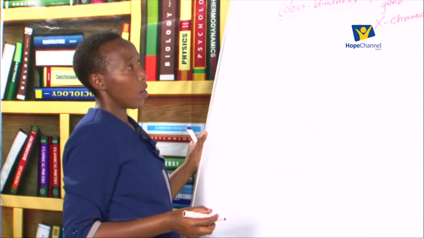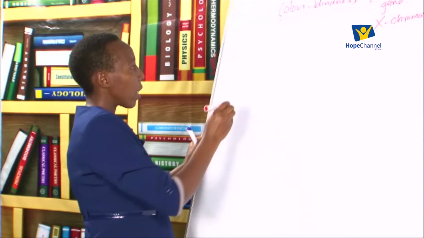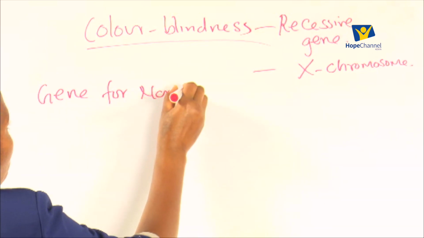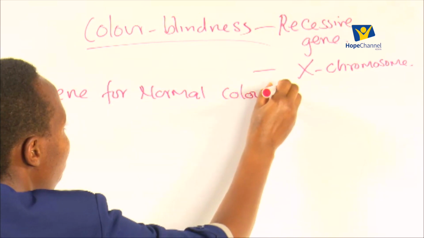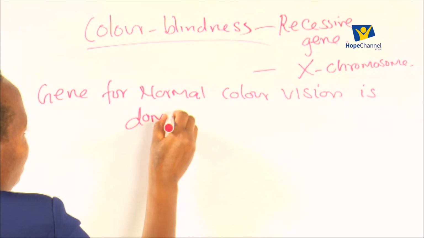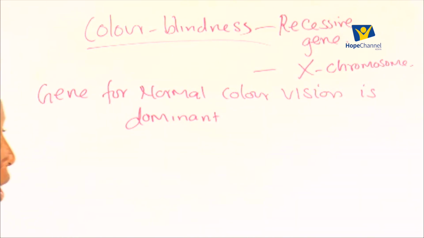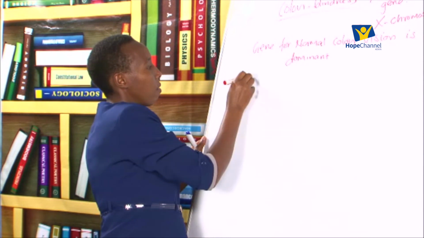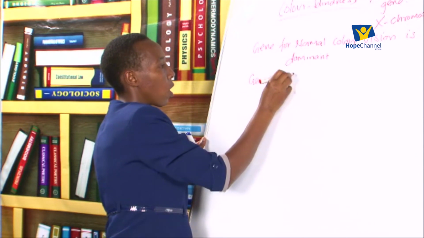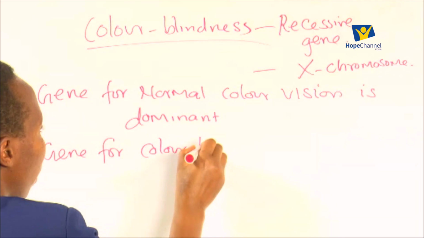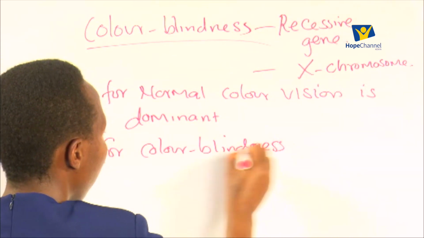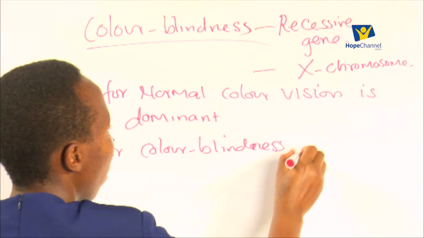So in that case, we are saying that it is a recessive gene, meaning the gene for normal color vision is dominant. The gene for normal color vision is dominant. Then the gene for color blindness is what?